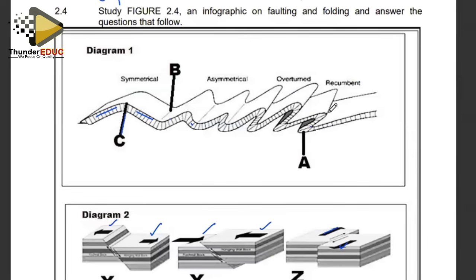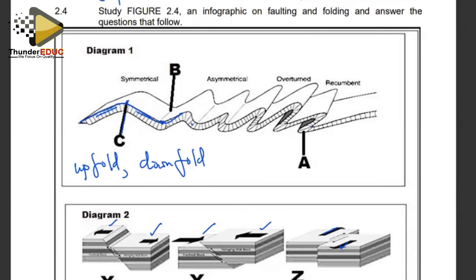Right, part two, name the parts of the fold labeled B and C. We have a part which is turned up like this, and another one at B is turned down. So we have an upfold and we have a downfold. Those two are named differently. An upfold is where the landmass has been folded upwards, but here the landmass has been folded from the bottom.